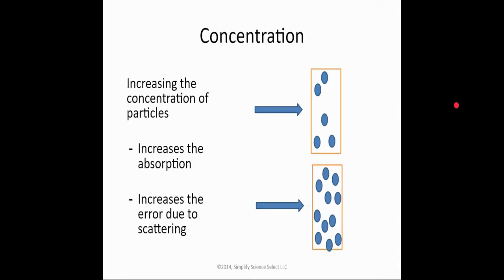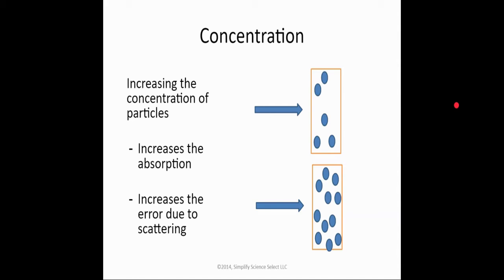Concentration, how does that affect absorbance? Again, the blue arrow represents light and the blue dots represent moles of solute. So the top box shows us that we have a lower concentration. The bottom box shows us that we have a greater concentration.